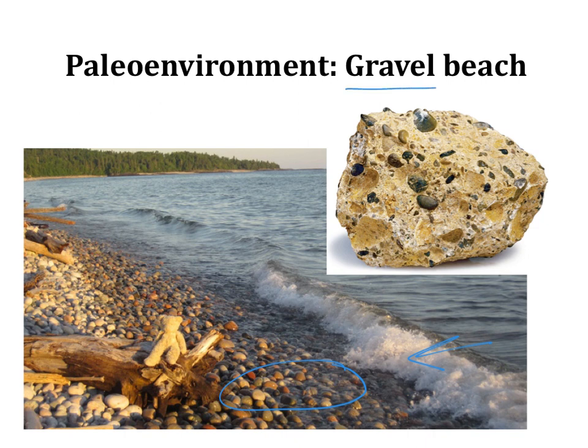So a gravel beach is the place where you would find this sediment being deposited. So when you come across something like a conglomerate, you can assume that it formed someplace where you had large sediment, but you had some sort of motion with water that was moving it around and allowing those pieces to be rounded.